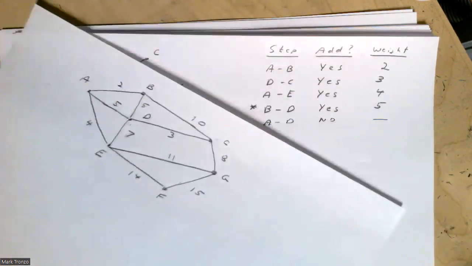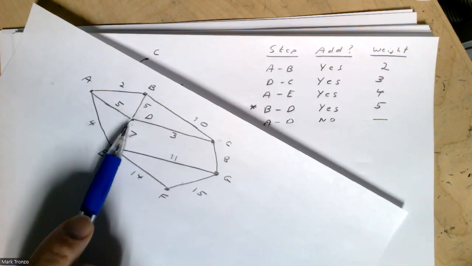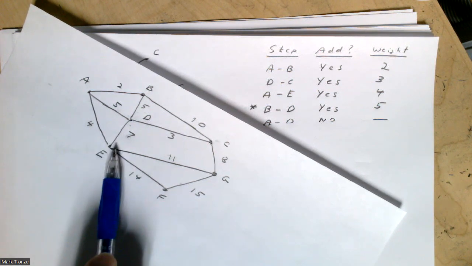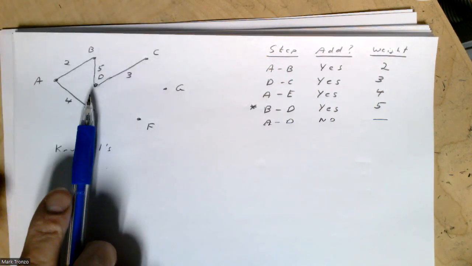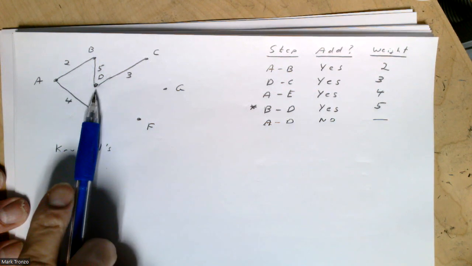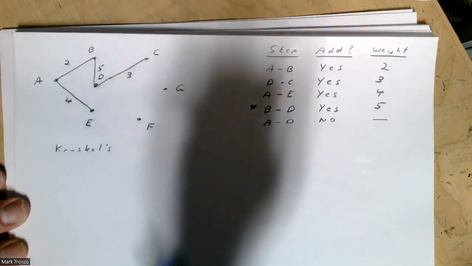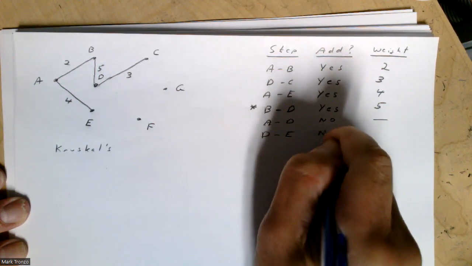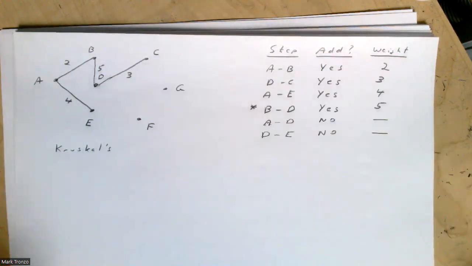And then what's the next one? It looks like it's going to be DE. But this time we cannot add DE, can we? Because that'll make a circuit. And then what is the next one?